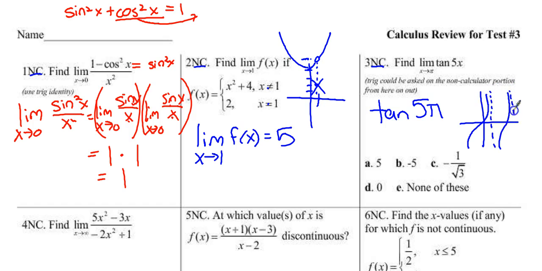Goes through 1 pi, has a vertical asymptote at 3 pi over 2. Goes through 2 pi at 0. So 1 pi, 2 pi, and all the odd pi over 2s are our vertical asymptotes. So 5 pi is actually just 0. Every 1 pi, 2 pi, 3 pi, 4 pi, 5 pi are all at zeros.